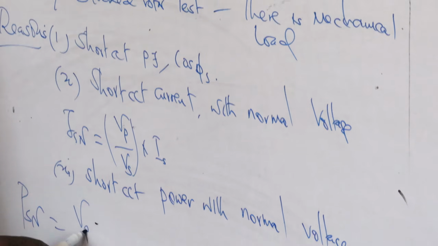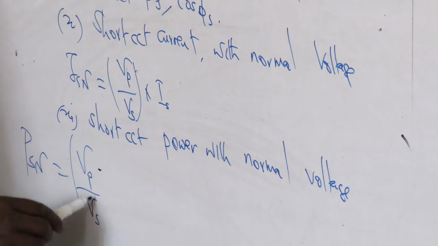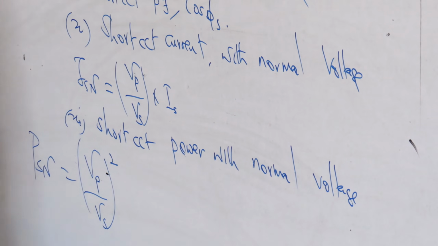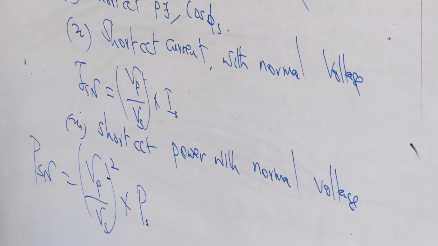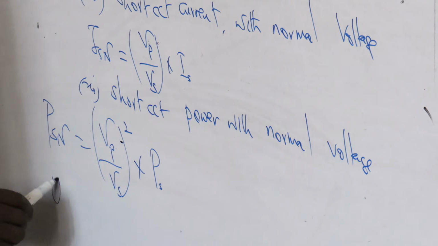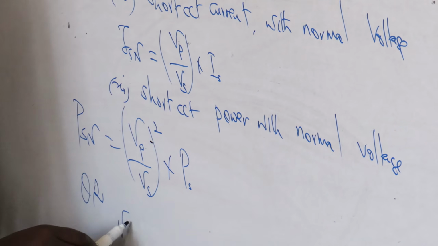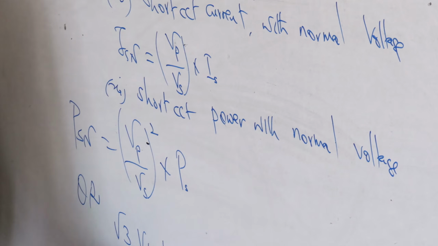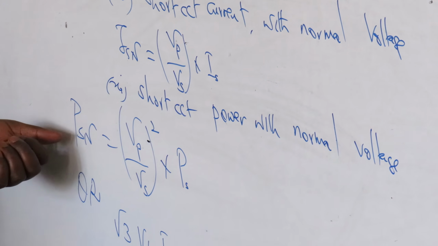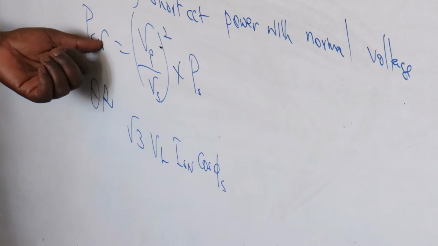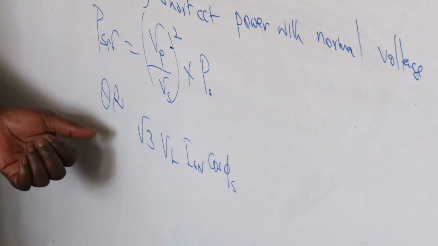PSN is the primary voltage over secondary voltage squared times the short circuit power, or root 3 V ISN cos phi s. So in either way you can get PSN, the short circuit power with normal voltage. You either use this formula or this one.